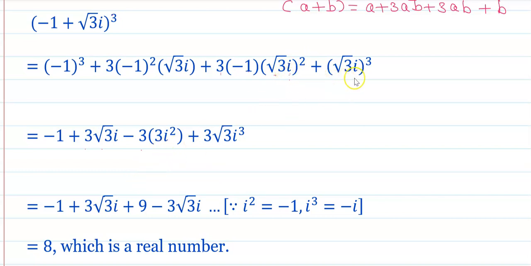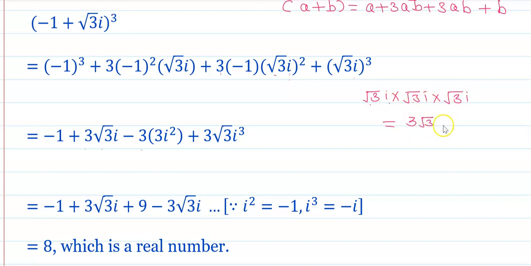Next, (√3i)³ means what? √3i into √3i into √3i. √3 into √3 into √3: √3 into √3 is 3, so 3 into √3.